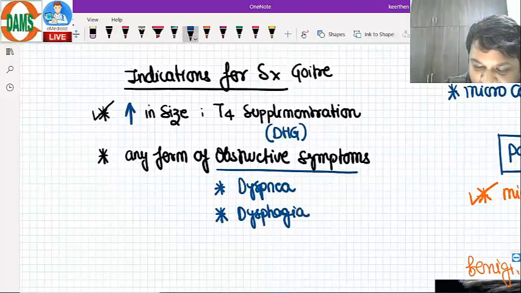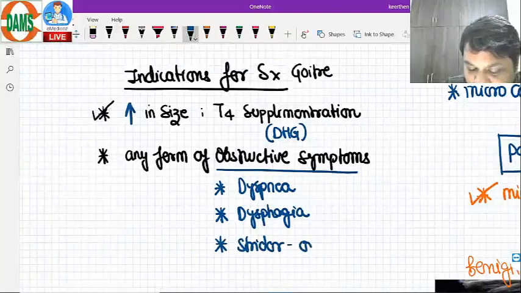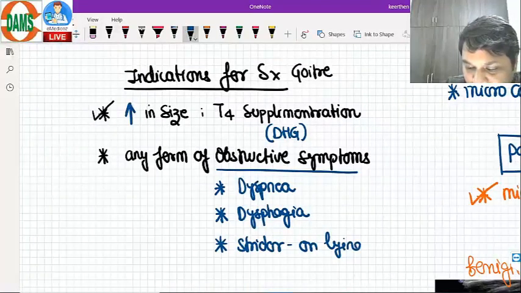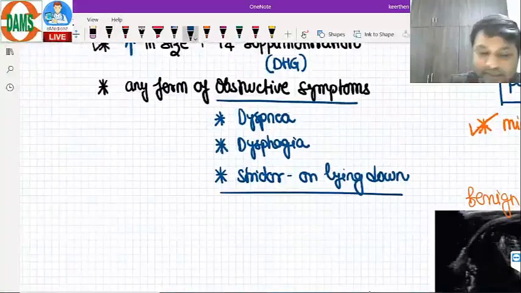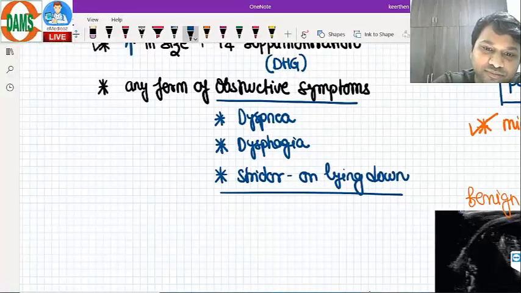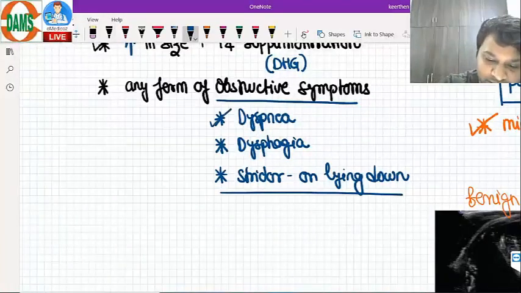If the patient develops stridor on lying down, these indicate that the patient has obstructive symptoms. Right, so dyspnea, dysphagia and stridor indicate obstructive symptoms.